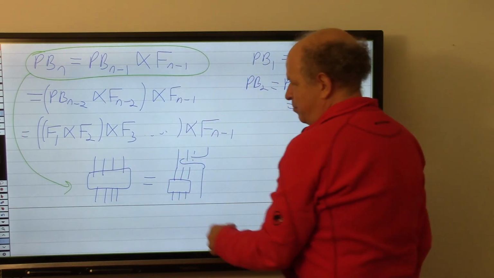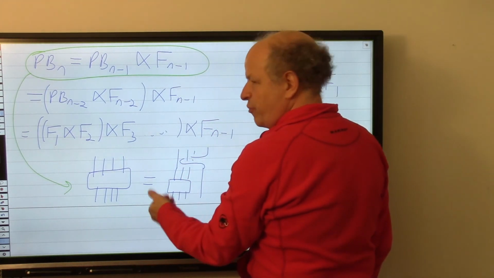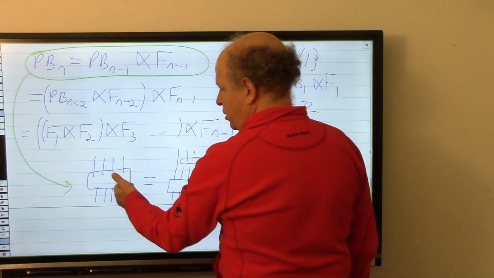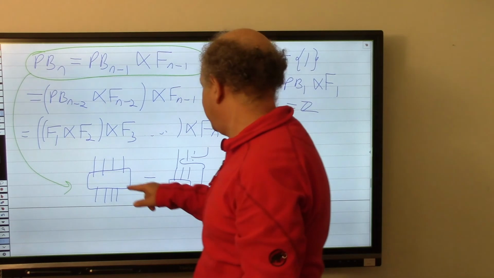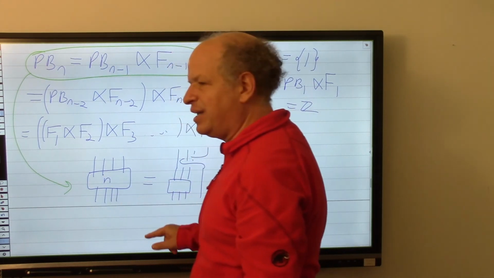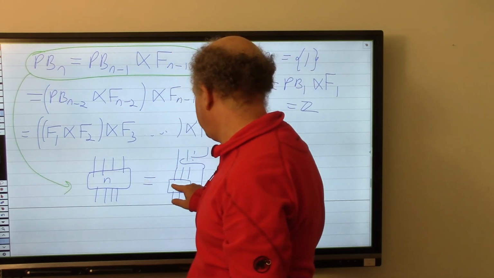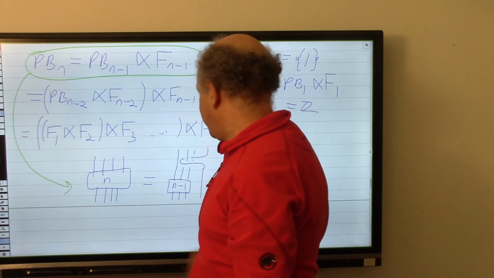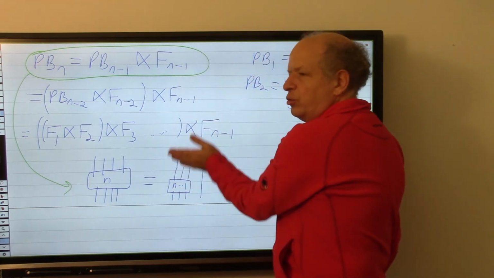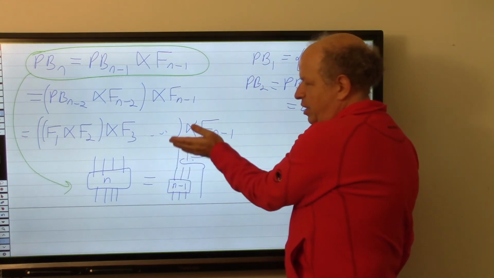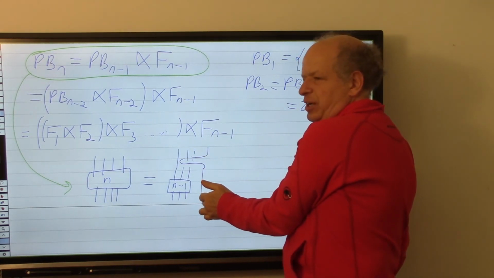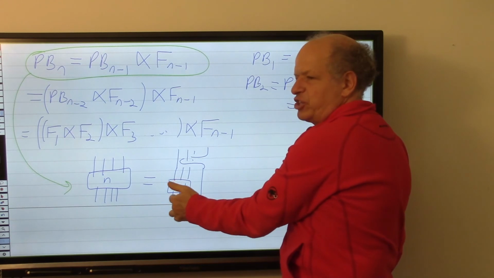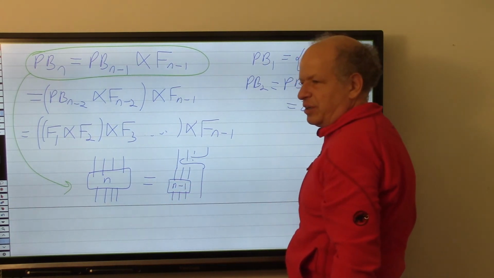So the content of what we have shown is that every braid on n strands can be written as a braid on n-1 strands followed by a motion of the last strand among the first n-1. Okay?